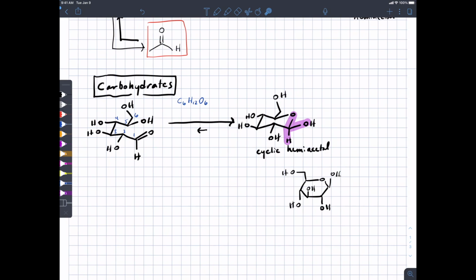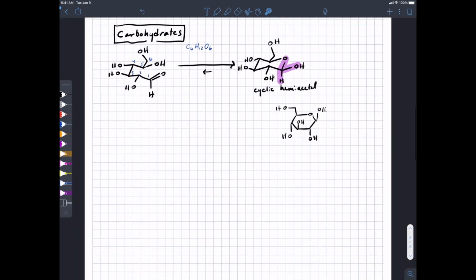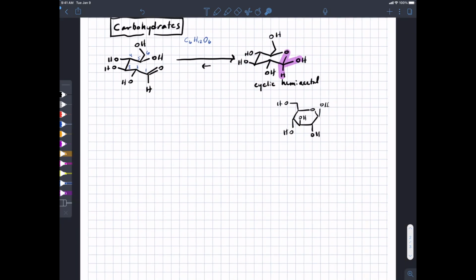So that's a hemiacetal. Let's just briefly show you some applications of acetals in biology. It turns out that, as you could imagine, sugars have lots of OH groups, right? And so you can link one sugar to another by having one of these alcohols on another sugar molecule be the second alcohol in acetal formation.